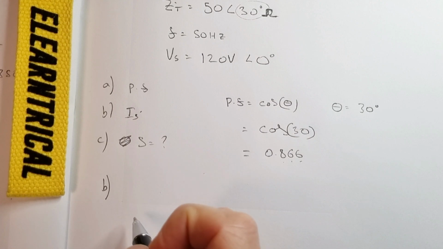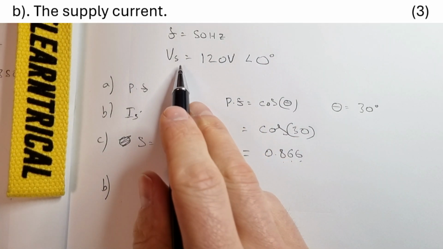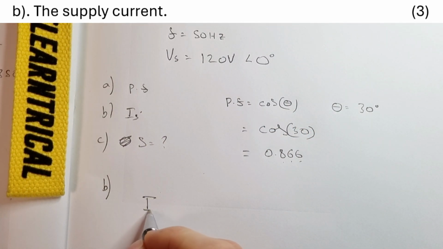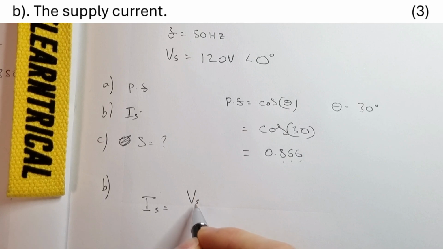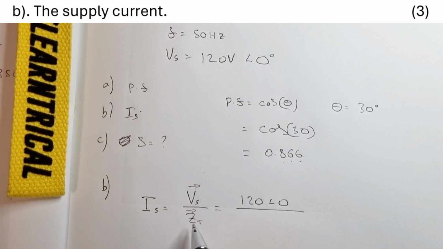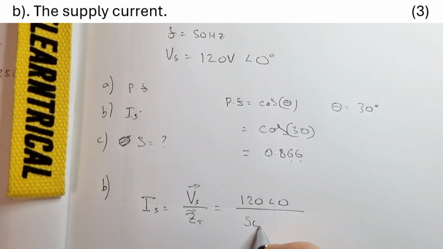In part B, we're asked to work out the supply current, and we're asked to take the supply voltage as reference. So in that case, our IS is going to be Vs over Zt. Now bear in mind these are vectors, so we have to treat them as such. So we've got a voltage of 120 at an angle of 0 divided by an impedance total of 50 at an angle of 30.